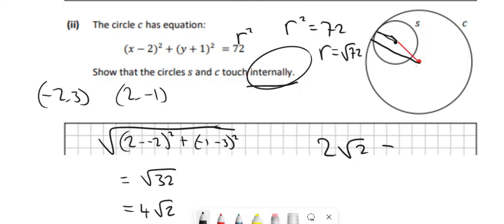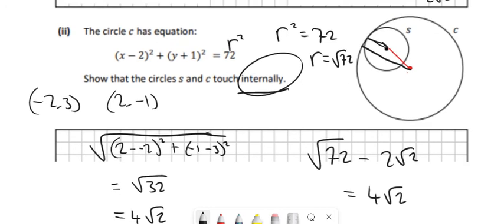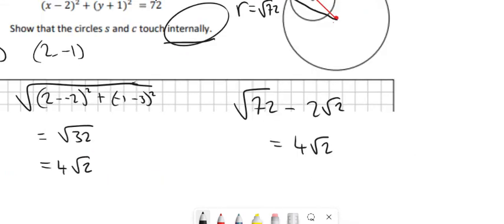So if I do 2 root 2 minus root 72, well, I should write them the other way around really, because root 72 is obviously the bigger one. Therefore I do get 4 root 2 in the end. So we've shown that the distance between the two centres is equal to the radius of the big circle minus the radius of the small circle. And that shows that they touch internally.